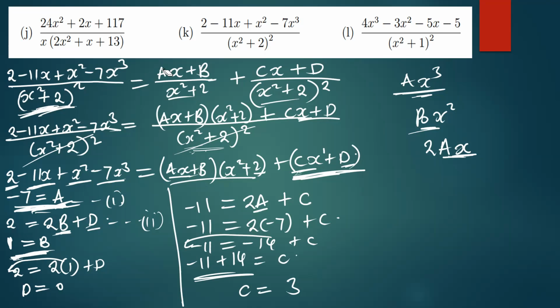So the final answer will be: while there's A, you put -7. Then while there is B, we're putting 1. Then while there is C, we put 3.